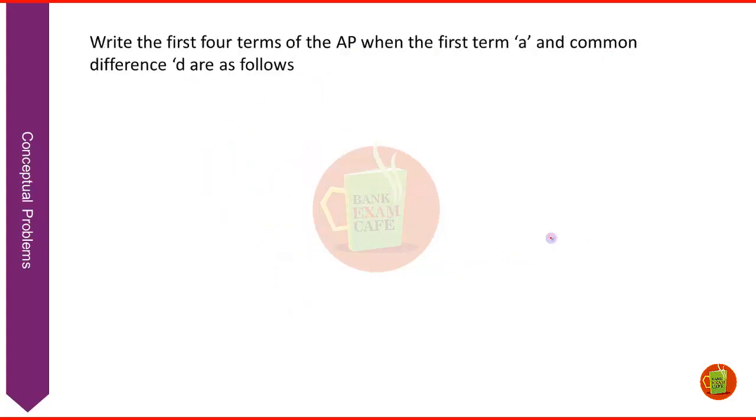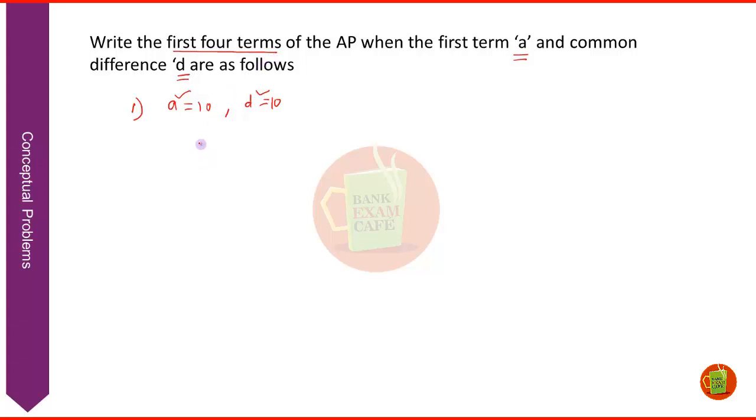Now the next question is, write the first 4 terms of the AP when the first term is A and the common difference is D. So the first question is here, and it is A is equal to 10 and it is given that D is equal to 10. A and D are given to us as 10 and 10, and we have to write the first 4 terms of the AP.